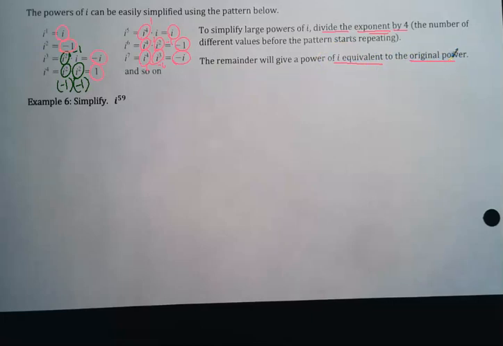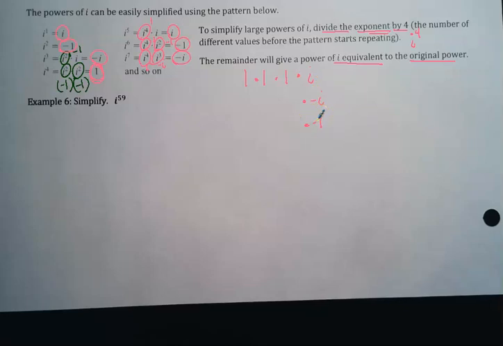So what it's saying is when we're dividing by 4, we're taking out groups of i to the power of 4, which are all equal to a positive 1. And we know that 1 times 1 times 1 times anything is that number that we multiply. So if we multiply it by i, negative i, or negative 1, we're going to get an equivalent answer.